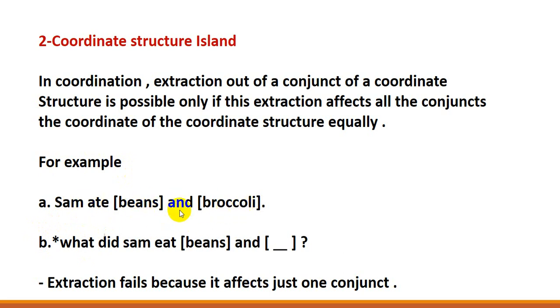If I want to ask, what did Sam eat? Beans and? We don't have anything here. So the extraction affects not all the conjuncts. The extraction fails because it affects just one conjunct, only beans. So the extraction fails.